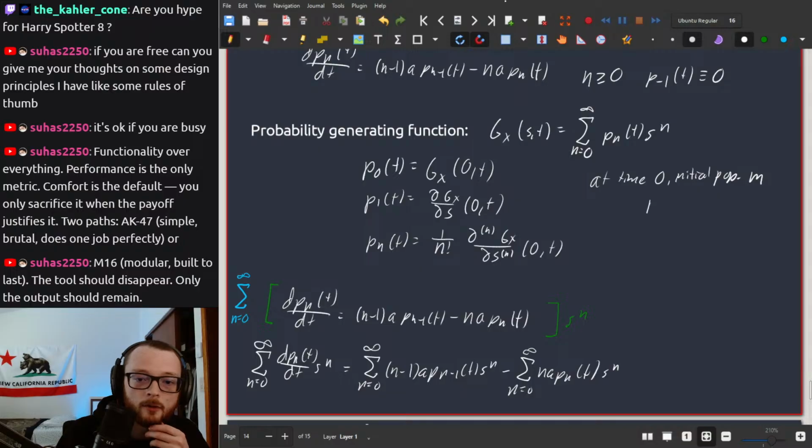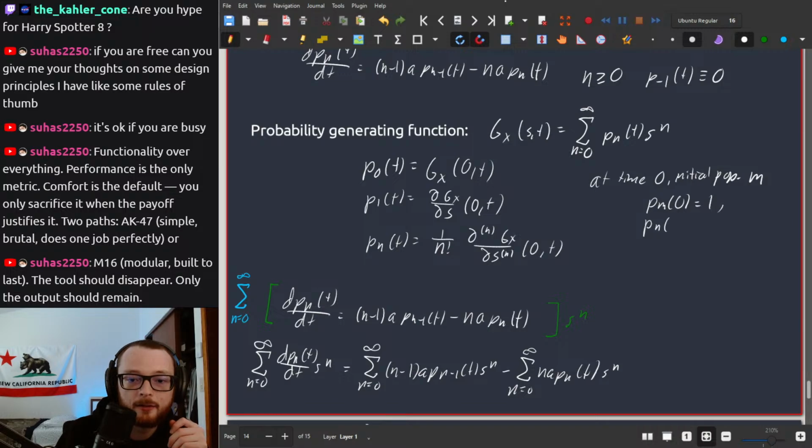So P sub M of 0 is 1. P sub N of 0 is 0 for N not equal to M. So that means the initial condition is going to be S to the M with a 1 in front.